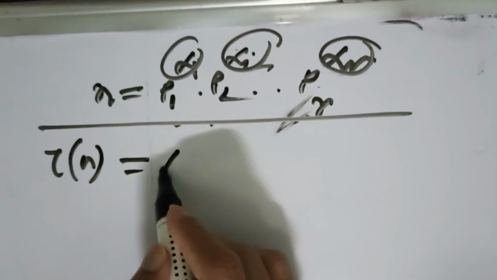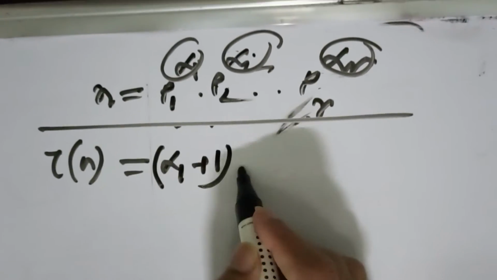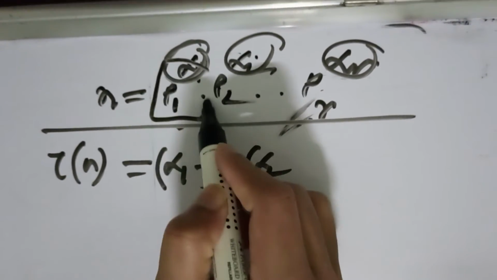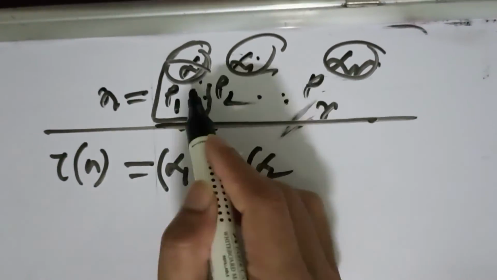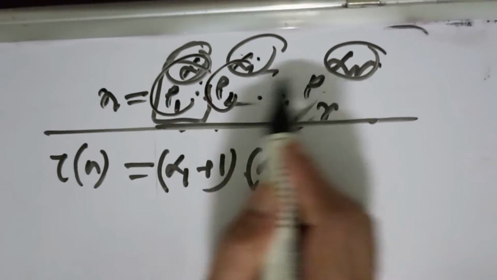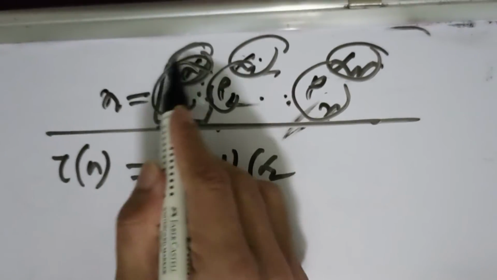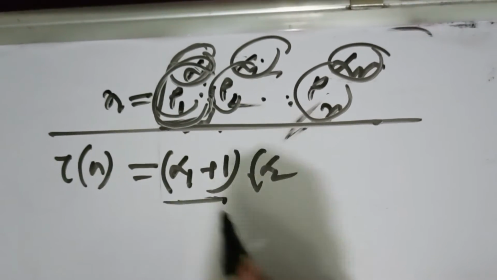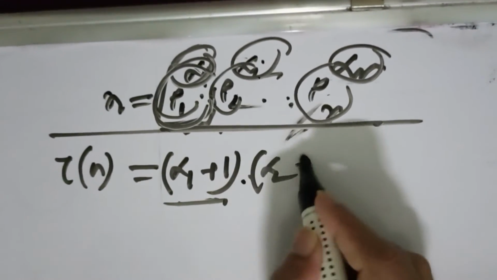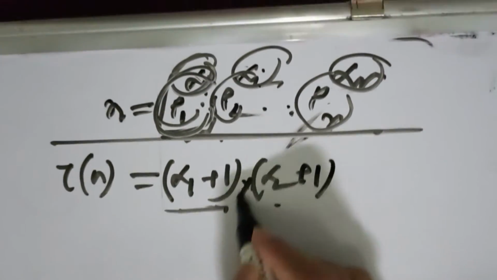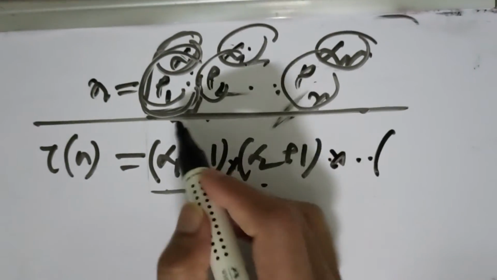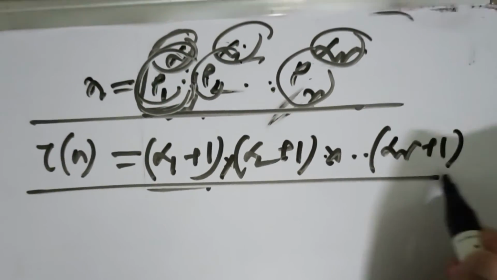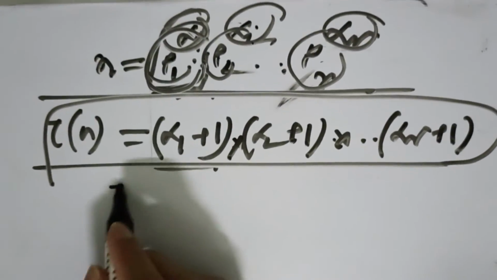If a number divides this product, then it should divide one or another of the prime powers. So for the first prime the number of choices is alpha 1 plus 1, and for the second it is alpha 2 plus 1. So we have to multiply these. So tau n equals alpha 1 plus 1 into alpha 2 plus 1 into alpha r plus 1. This is the formula. Okay, so what is tau 12?